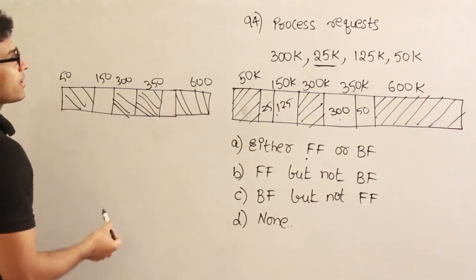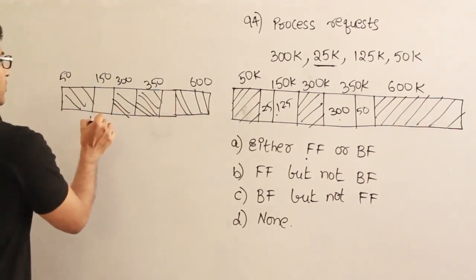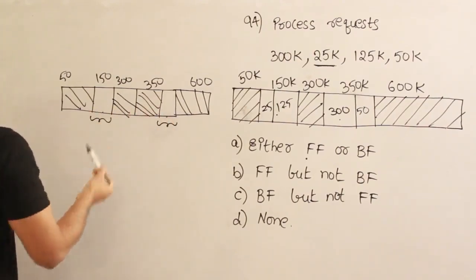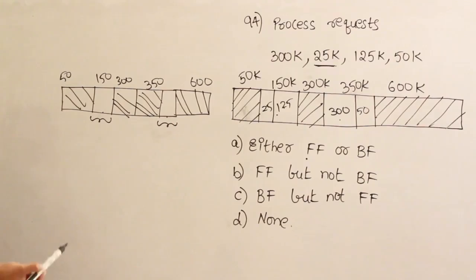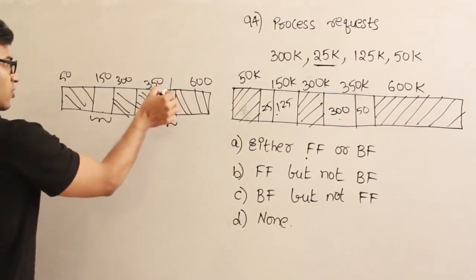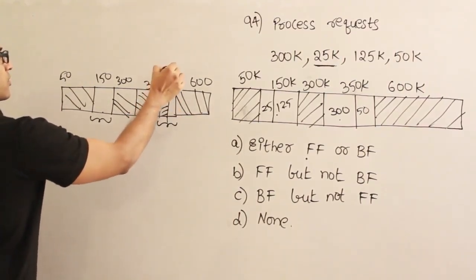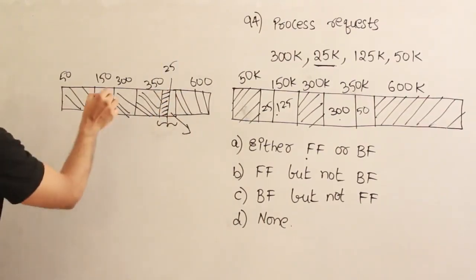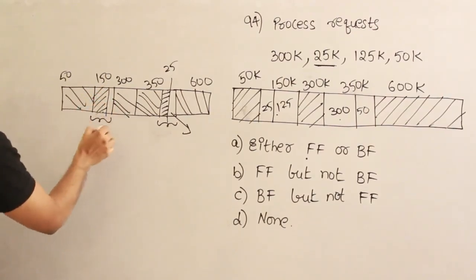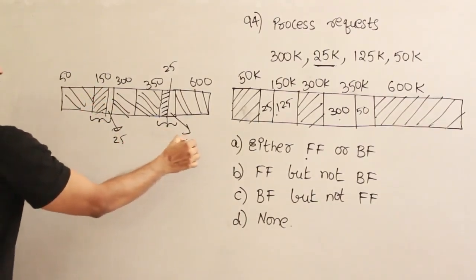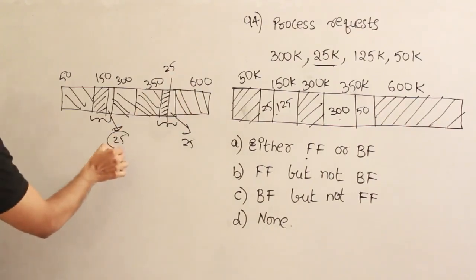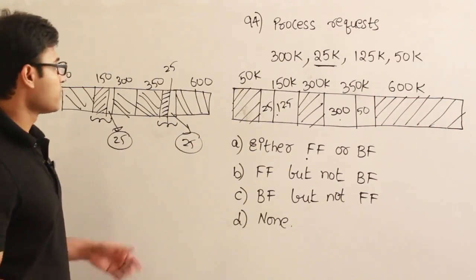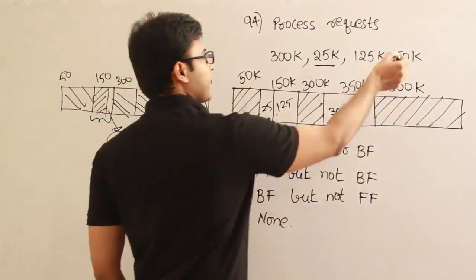Next 25. Now we have a 150 hole and a 50 hole. Then the best fit will choose the 50 hole, which means 25 will go in here, creating a 25 hole here. And next 125 will go here, creating a 25 hole. Here you have 25 and here you have 25 hole. And next the 50 cannot be kept anywhere because of the restriction that it has to be contiguous. So using best fit, we cannot satisfy this request.